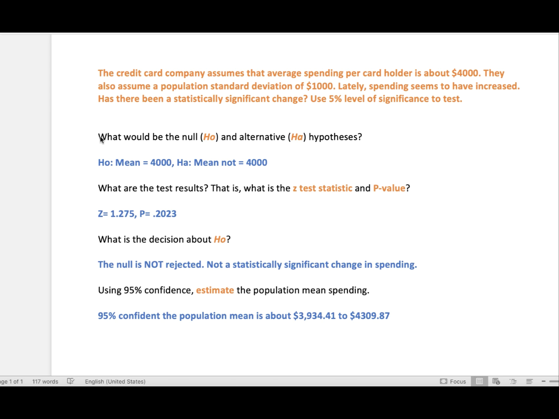Step 1. What would be the correct null and alternative hypotheses? Well, if they currently assume $4,000, that's the value being tested, and that would be our null hypothesis. If we could reject that null, we would conclude alternatively that the mean has changed.